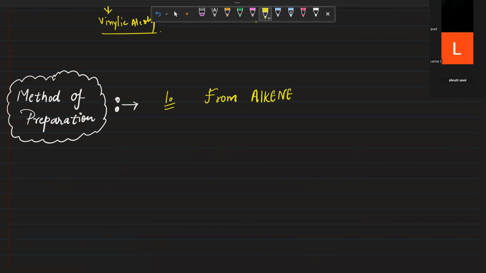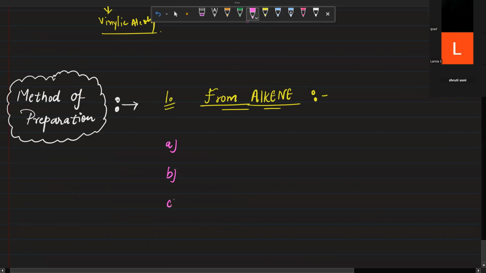First, we do classification, then IUPAC nomenclature.